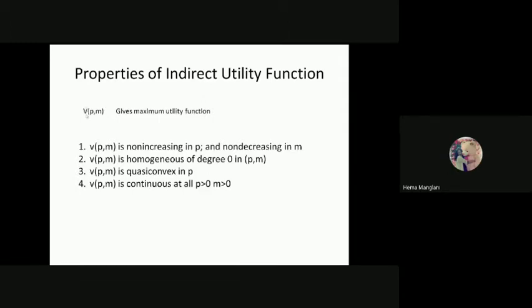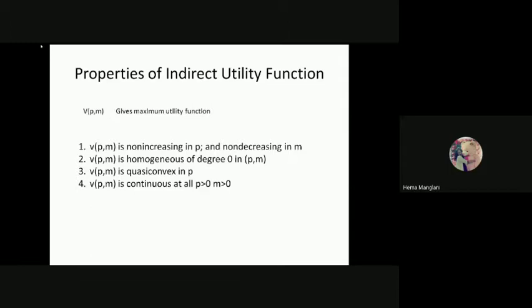We denote this with V instead of U. So V is now a function of price and M. In an ordinary utility function, we are just discussing a function of the commodities. It means we are only talking about either x1, x2, or n number of x's, fine.